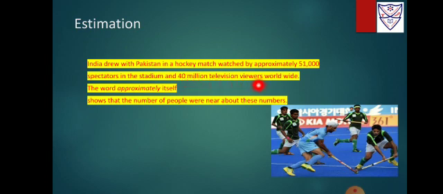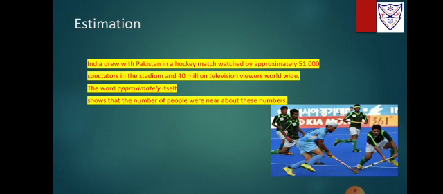So, students, approximately means it is not exact. Nearby 51,000 and nearby 40 million. So the word approximately itself shows that the number of people was near about these numbers.